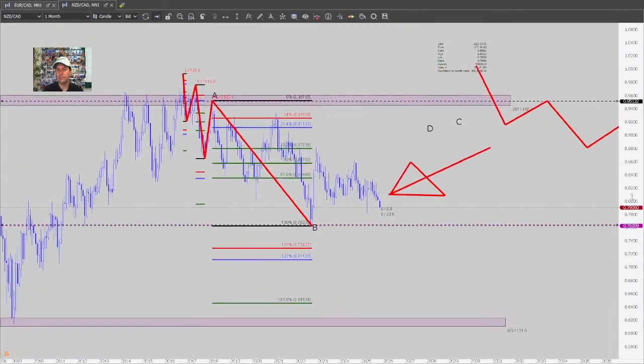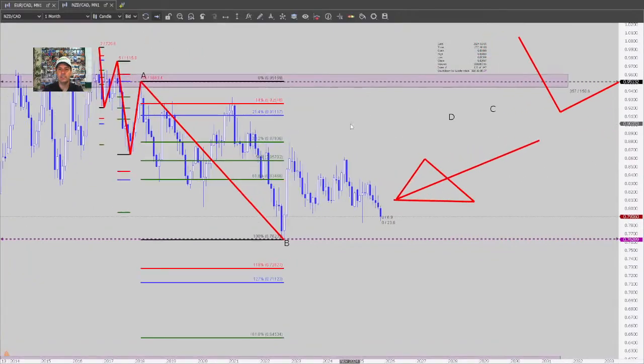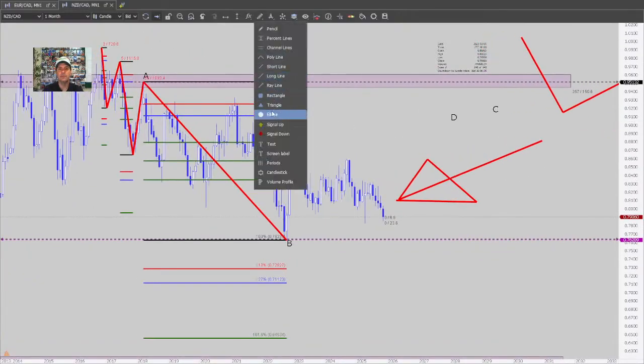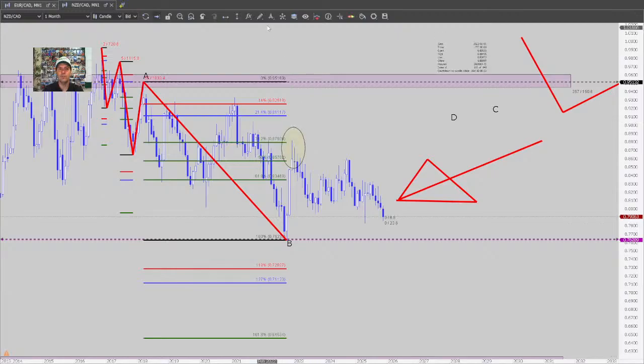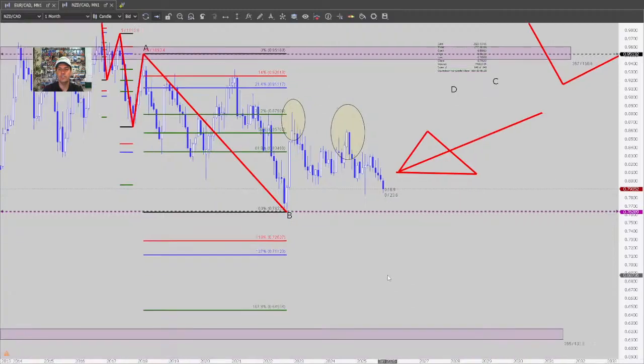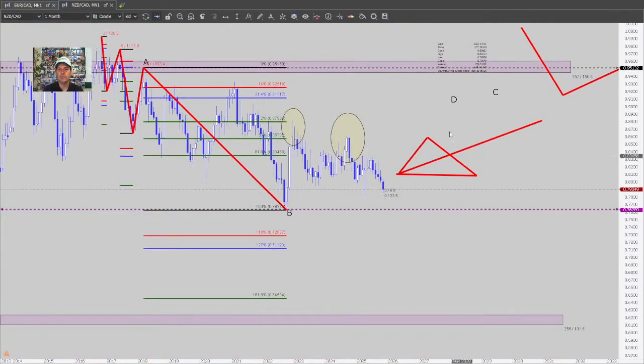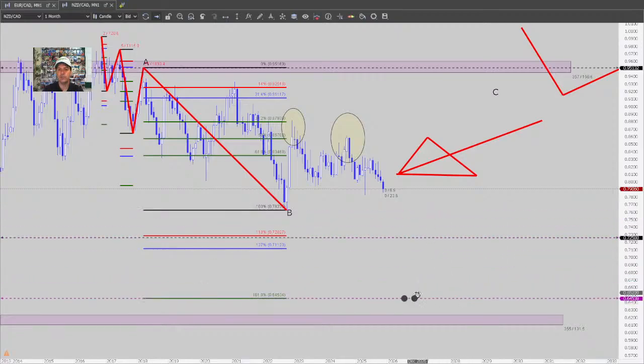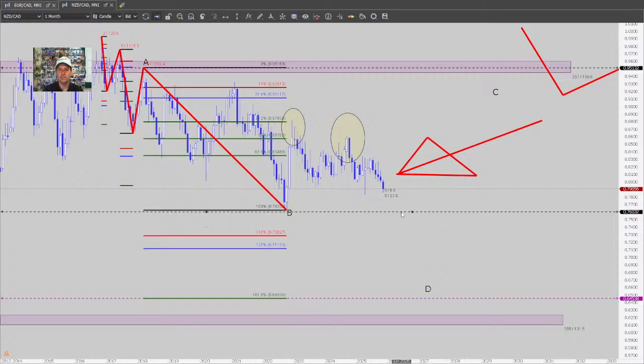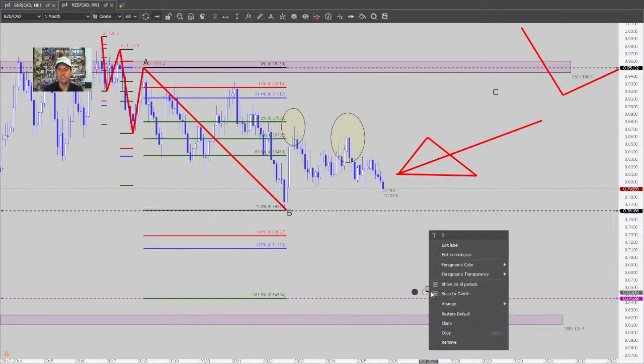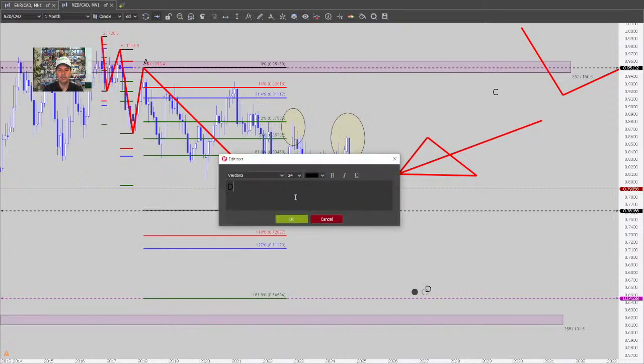In the meantime, everybody, which one is the C? Is the first circle the C, or is the second circle the C? Alright, now the D green goes to green, the projected D extension, of course, is down in here, right? This is the projected D extension.